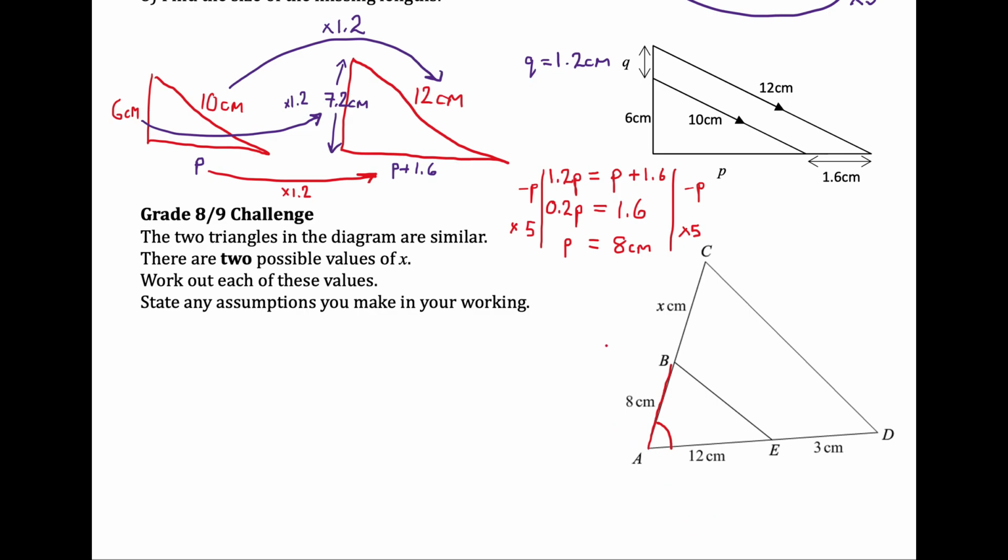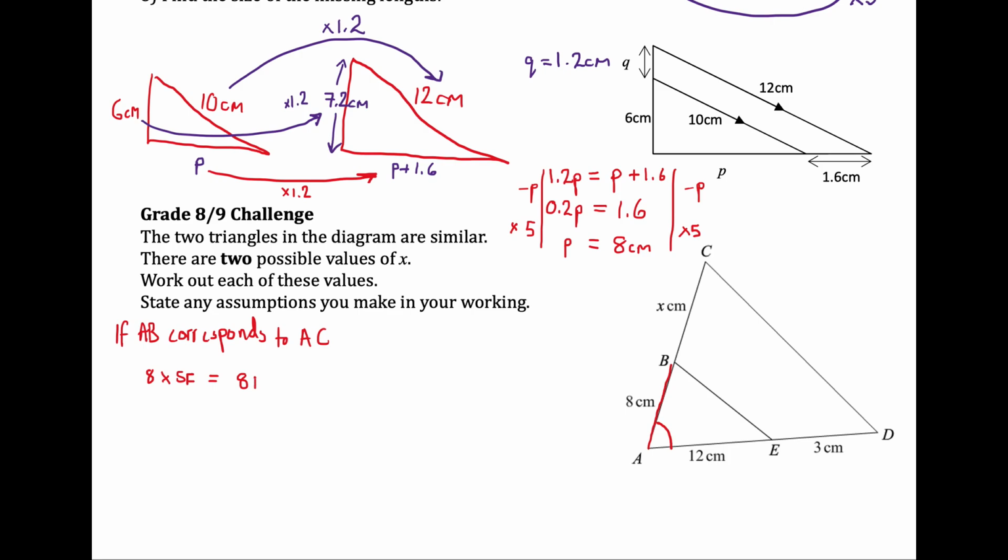Okay, right. So if 8 does correspond with this AC, okay, so let's just put if AB corresponds to AC, then 8 times the scale factor is equal to 8 plus x.